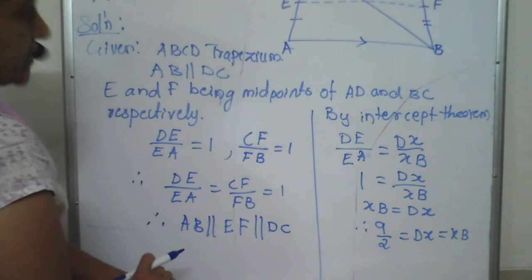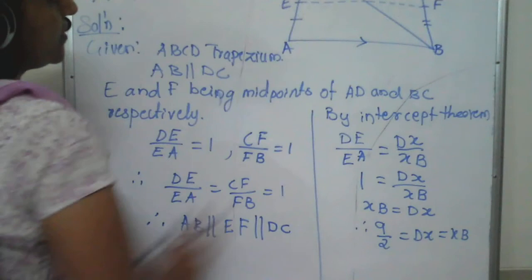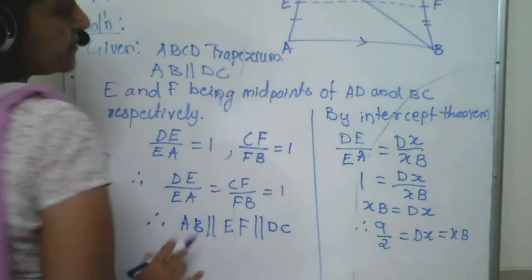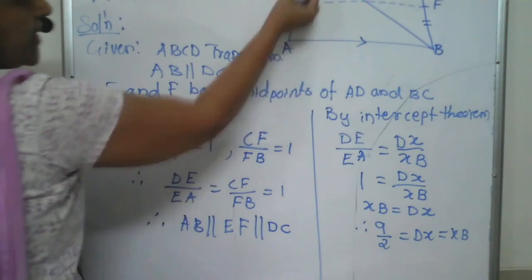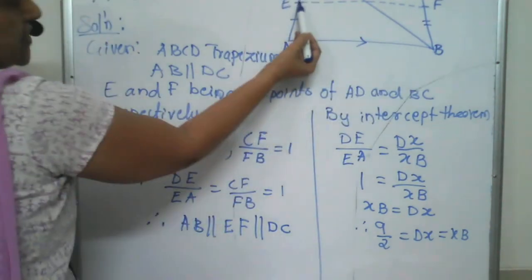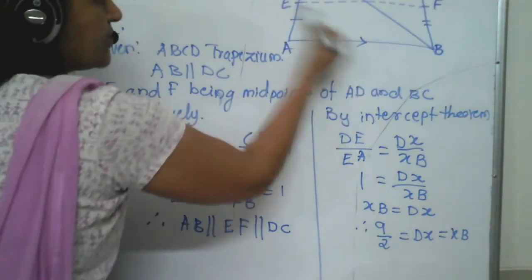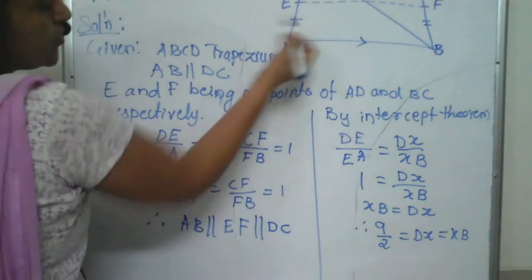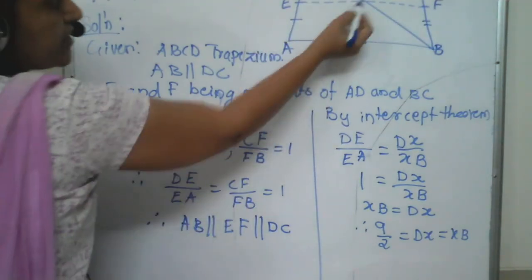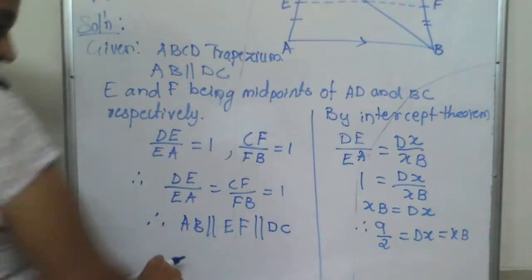Now how to find AB? The intercept theorem part is done. Now what we are supposed to take is, in triangle ADB, E is the midpoint and EX is parallel. Now if EF is parallel to AB, EX also should be parallel to AB. Hence by the converse midpoint theorem, X becomes the midpoint of BD.